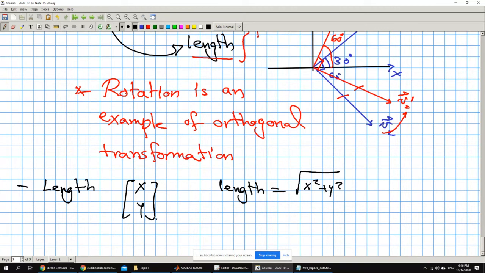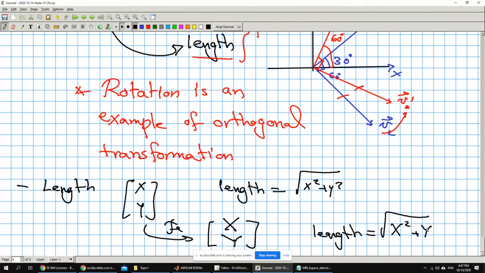If I take this vector to the frequency domain and it became capital X and capital Y, the length would be the square root of capital X squared plus capital Y squared. Okay, and the orthogonality of the Fourier transformation tells you that these two are equal.